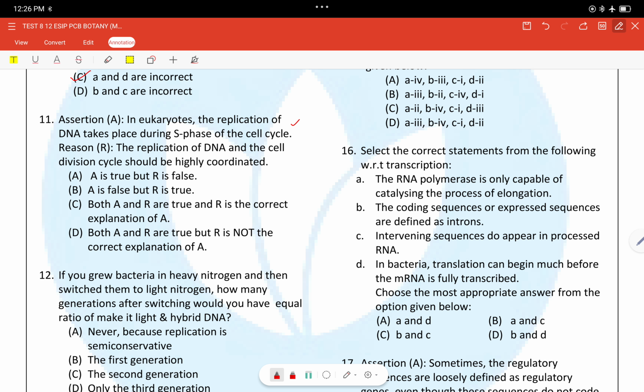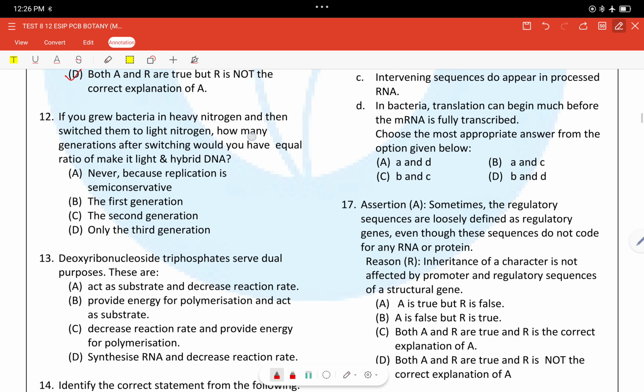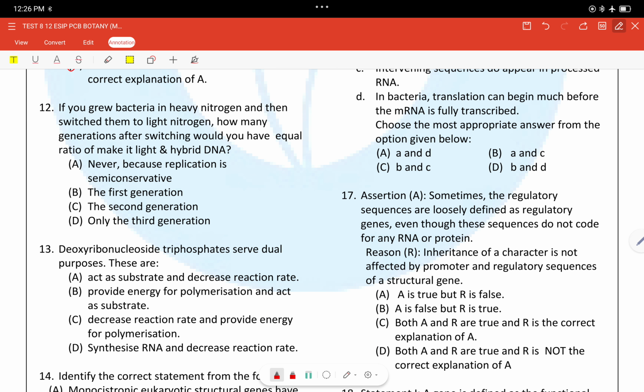The replication of DNA and the cell division cycle should be highly coordinated, because if it is not happening, then the cell will have a polyploidy condition. So that statement is also correct, but it is not the correct explanation. So the answer is D.